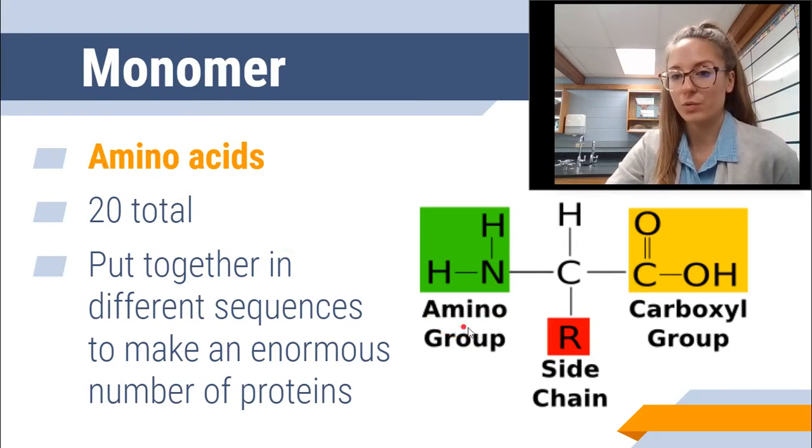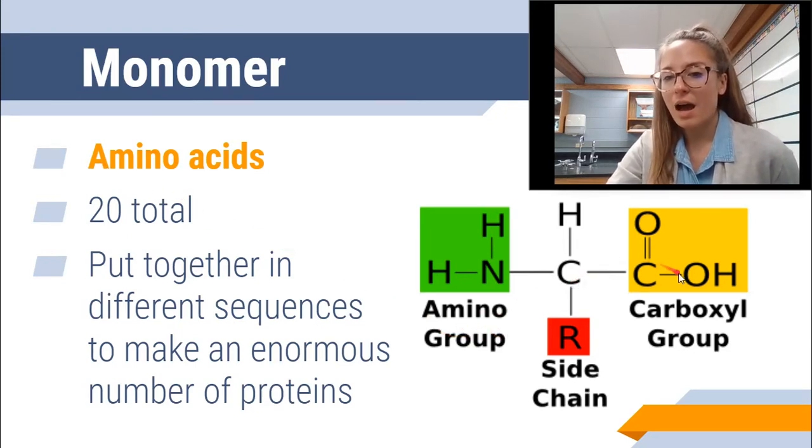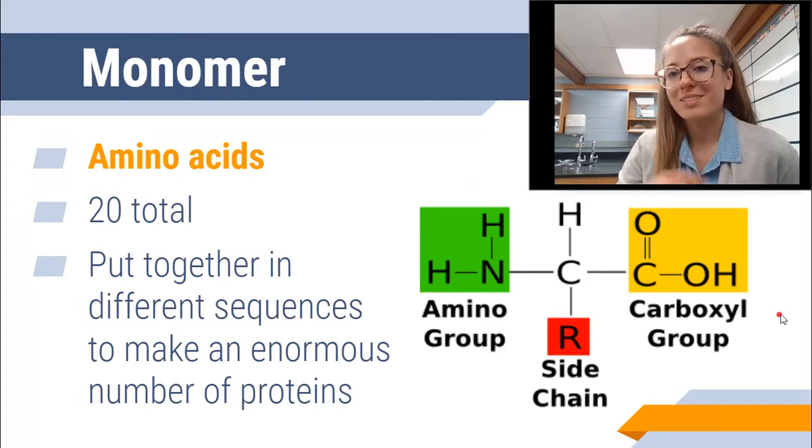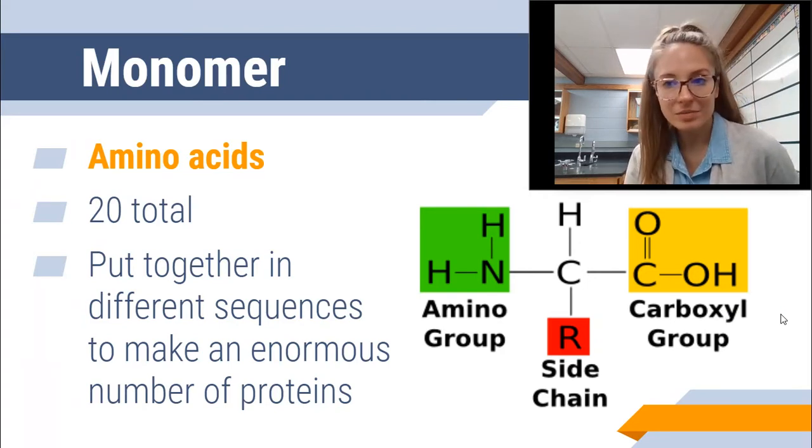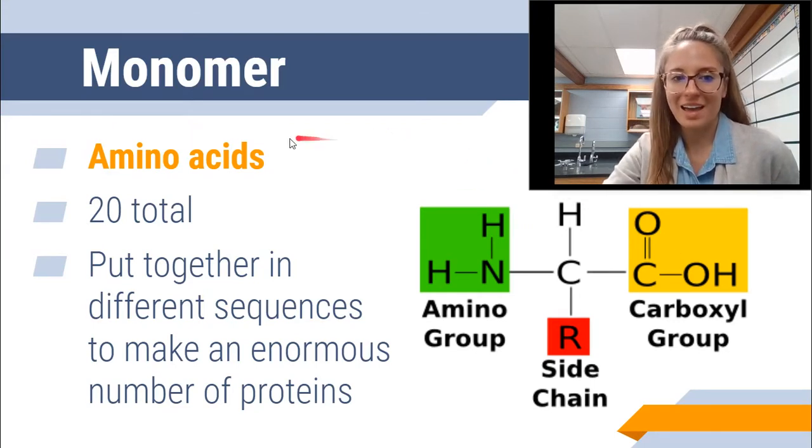It's from the amino group. The other part that is the same for all the amino acids is called the carboxyl group. Another term for carboxyl is carboxylic acid, which is where we get the acid portion of amino acid. And this is also the same, it's on every single amino acid.